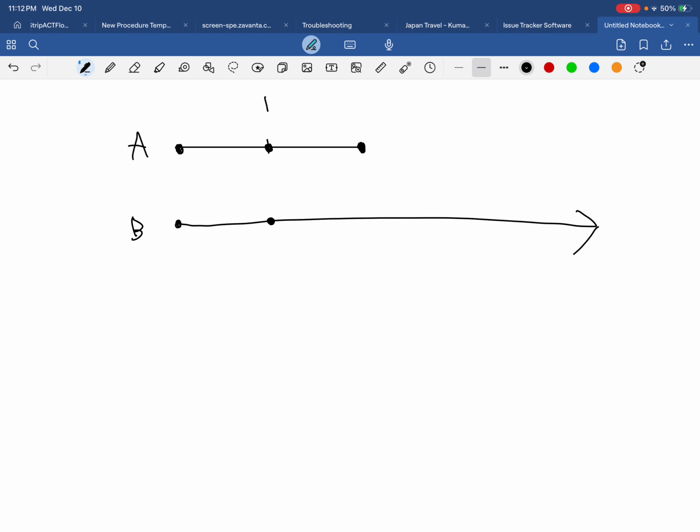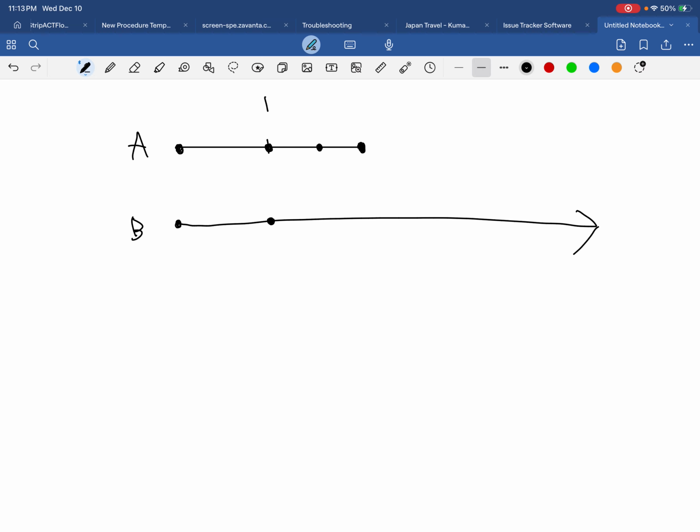On line A, the distance of that particle decreases proportionally to its remaining distance from a fixed point. So how I interpreted it is, whatever percentage across this line it went, it goes that percentage again. So it went halfway this time, so it's going to go halfway across this line again.